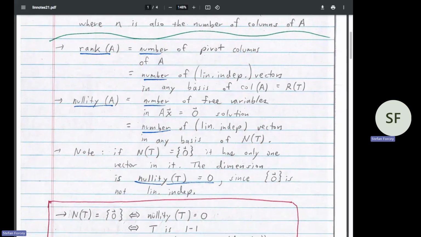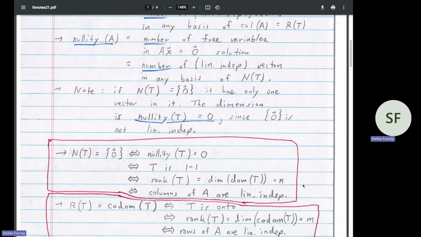If the null space is just the 0 vector, remember the null space always has something in it, but that something might just be one vector, 0. But in that case, the nullity of T is equal to 0, since 0 is not linearly independent by itself. The single vector 0 is not a linearly independent set, and so the size of a linearly independent set is 0.